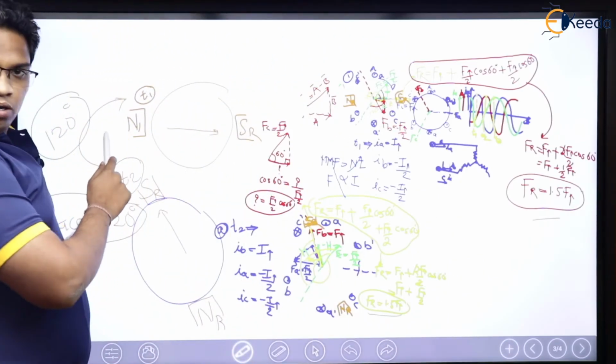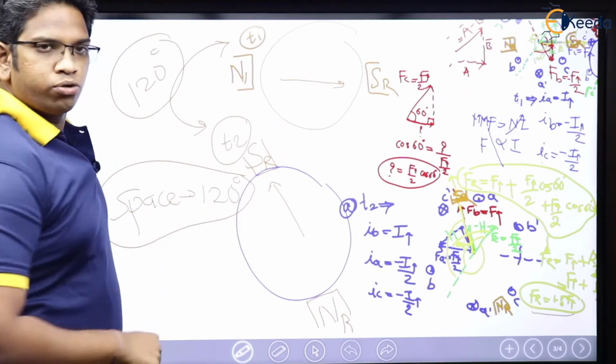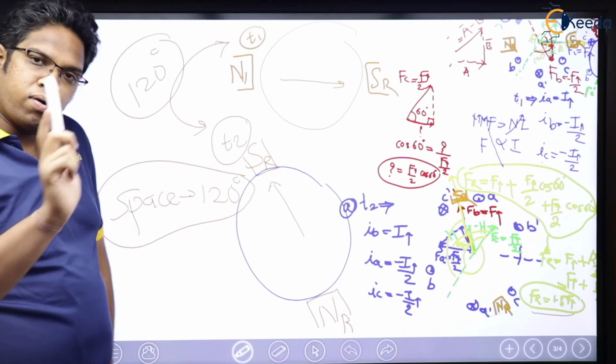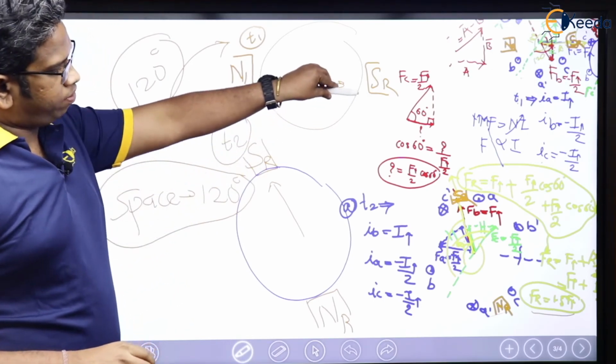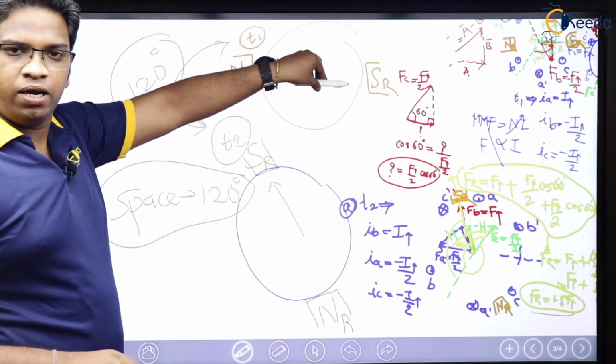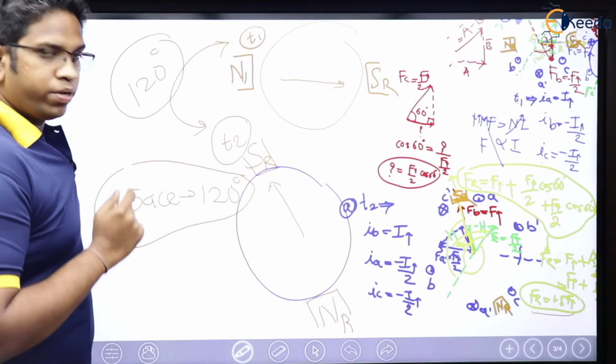You have to wait for 120 degrees in time, because see, from T1 to T2 you have to wait in time for 120 degrees, and then you got this MMF. At T1 it was here, at T2 it is here, which means in space it got displaced by 120 degrees. That is the meaning of in time.